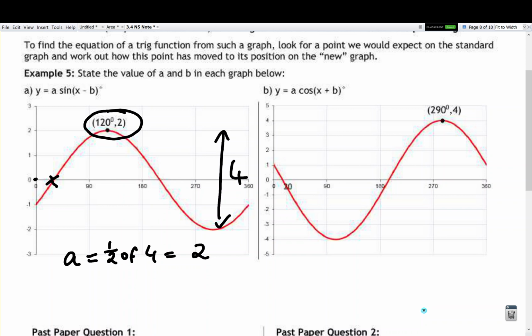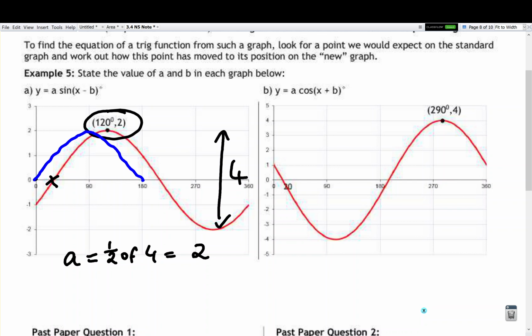I'm given that coordinate, which is the maximum point of this graph, and it's telling me it's at an x direction of 120. Now I should know from my standard sine curve, if I just draw onto this, that my standard curve starts at 0, and it would go up to a maximum of 2. If it's 2 sine, it would go up to a maximum of 2 and it would come back to 0 at 180 degrees in the x direction.